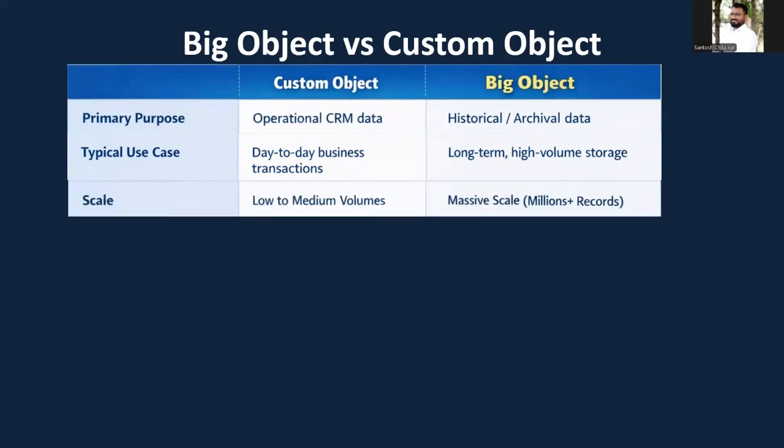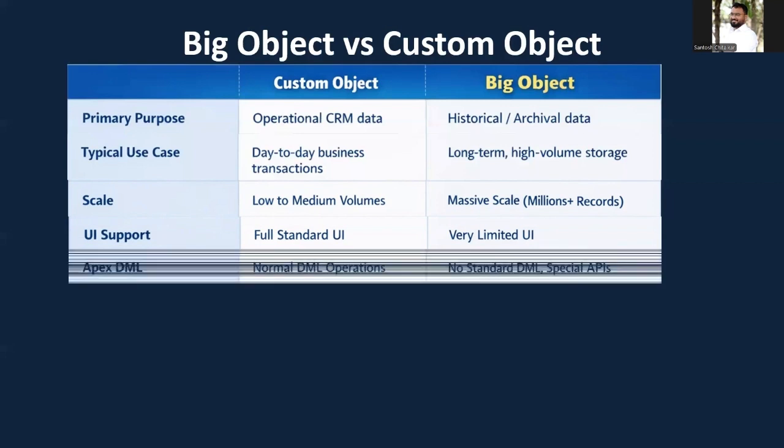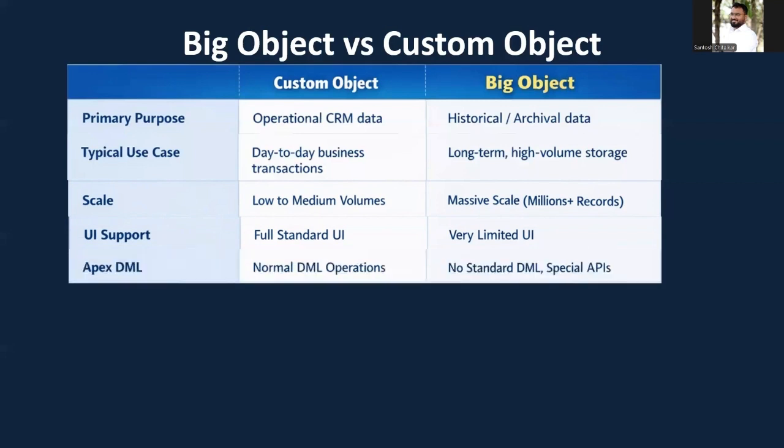Scalability wise, I think by now you know this, custom objects are for low to medium volume whereas big objects are for millions of records. UI support, big objects have very limited UI and custom objects support full standard UI.